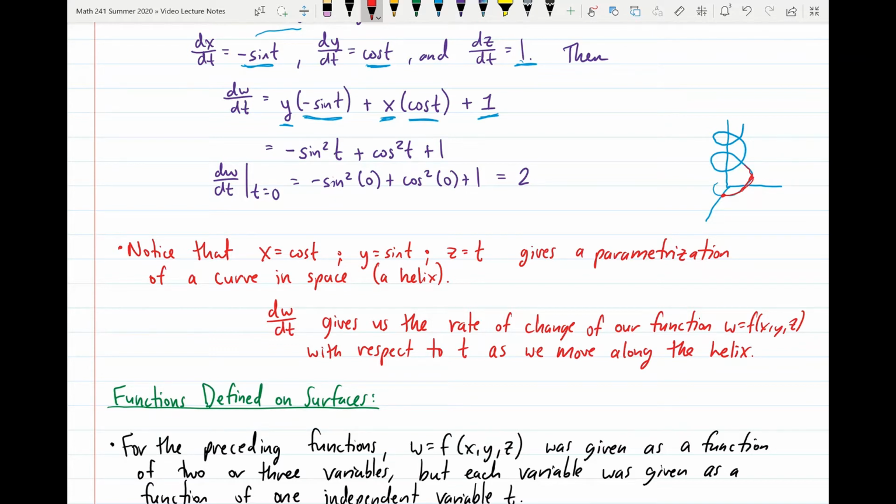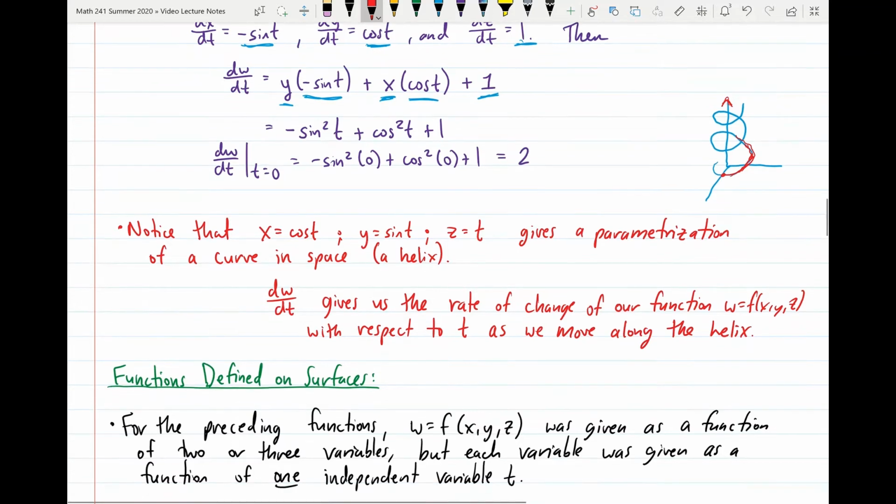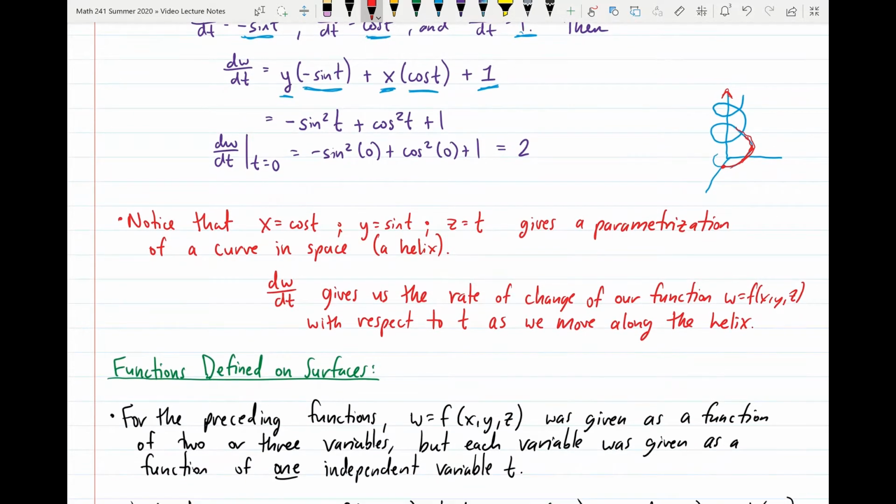And as we are traversing along the line, the derivative of w with respect to t is giving us the change in our vertical component. So this is our vertical component here. It's giving us the change in the vertical component with respect to time as we are tracing out this helix here.